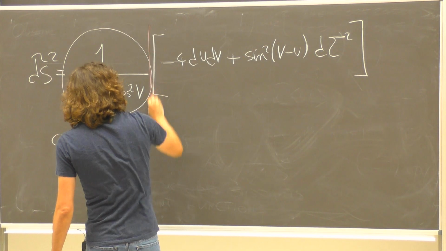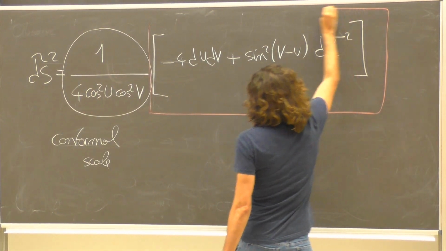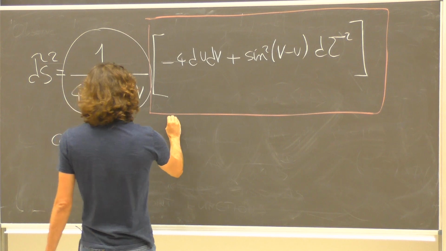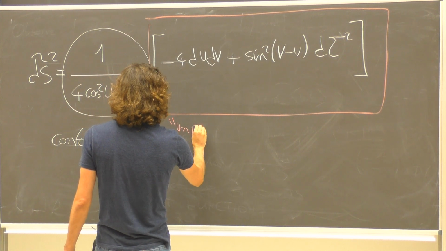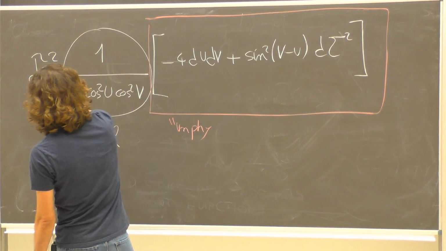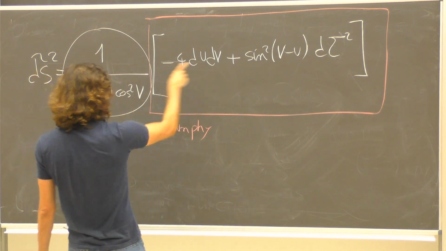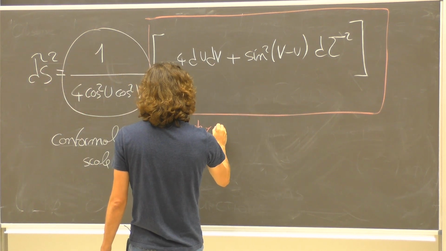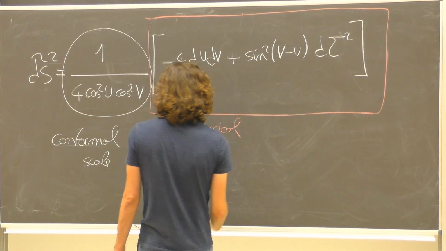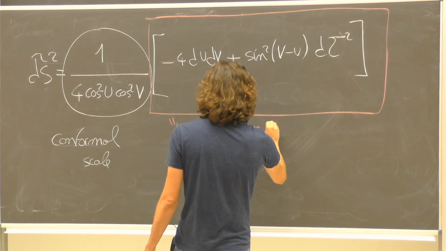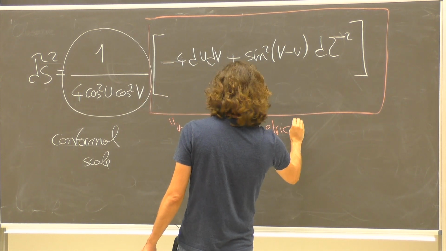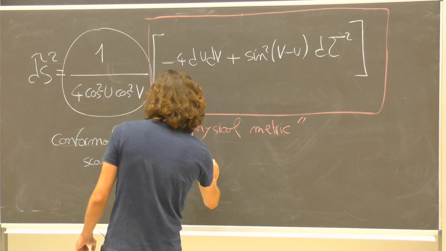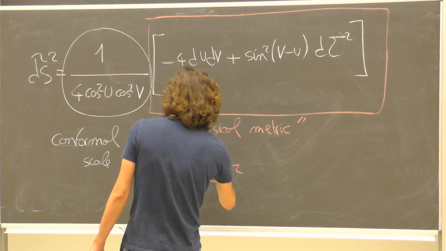So this metric, which I'm going to call the unphysical metric. It's unphysical because the physical metric is Einstein. I rescale it. I get something which is not an Einstein metric, but which is going to be finite at infinity. So the unphysical metric, which I'm going to write as ds squared without any tilde.